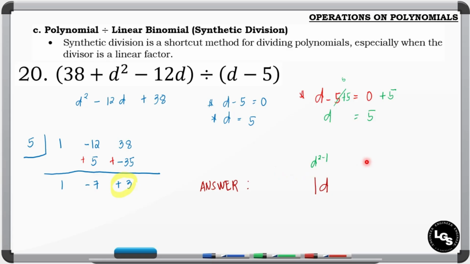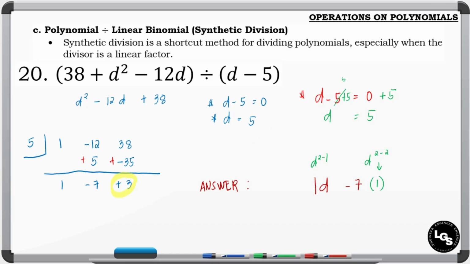So for the second term, it is d to the power of 2 minus 2, so that is basically d raised to 0, or 1. So 1 times the coefficient here, which is negative 7. So we will write here negative 7.